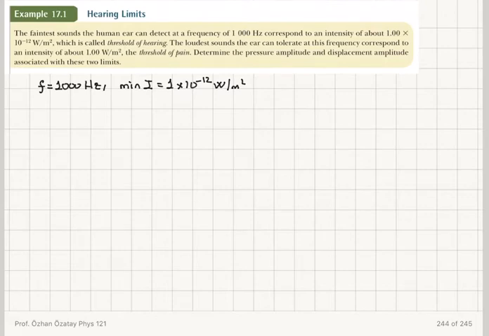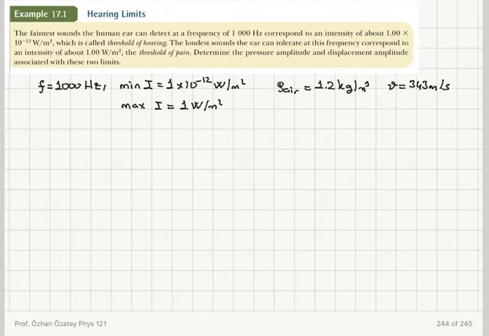The loudest sounds the ear can tolerate at this frequency correspond to an intensity of about 1 watt per meter squared. That's the threshold of pain. Determine the pressure amplitude and displacement amplitude associated with these limits. The density of air is 1.2 kilograms per meter cubed, and the speed of sound in air is 343 meters per second.